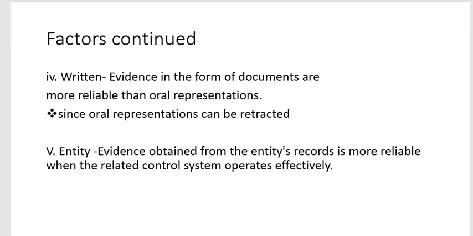If your password is weak, then the auditor will not rely on your evidence. So evidence is more reliable when the internal controls of the system are operating effectively, or when the internal auditor is providing the best services.